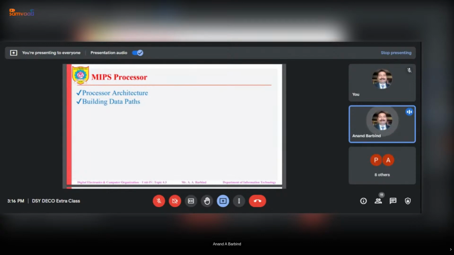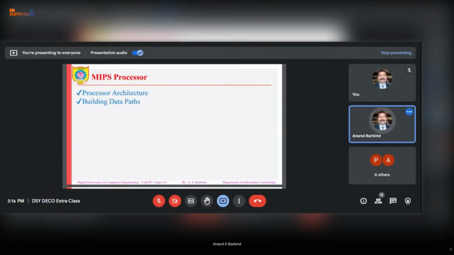So there are two types of processors: the RISC type, reduced instruction set kind of processor, and the other one is the CISC type of processor, that is complex instruction set computing type of processor. So this is RISC type, that is reduced instruction set.